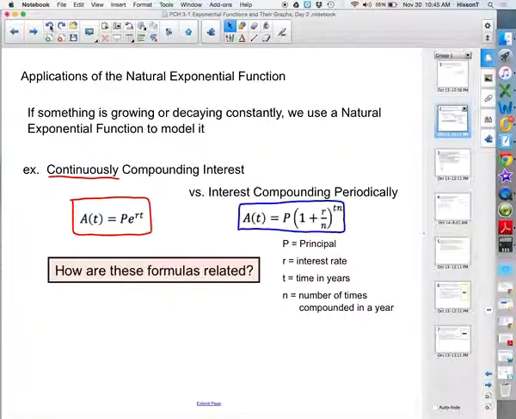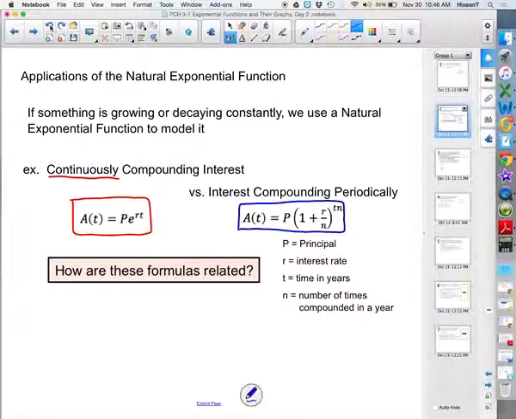Okay? But let's talk about what the different values in the formulas stand for. Okay? P is your principal. Okay? Principal is a financial term, and it stands for the starting amount of money that you have. Okay? The starting amount. If you're investing, it's whatever money you put into that investment.